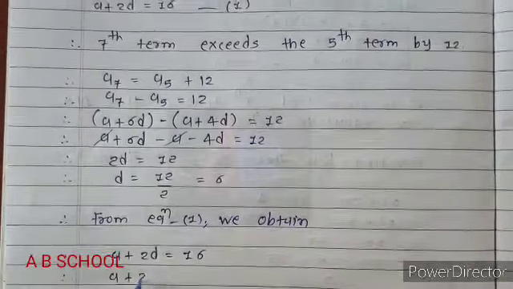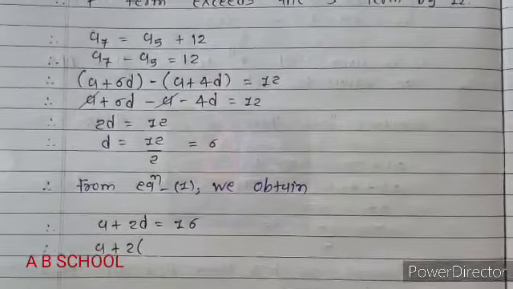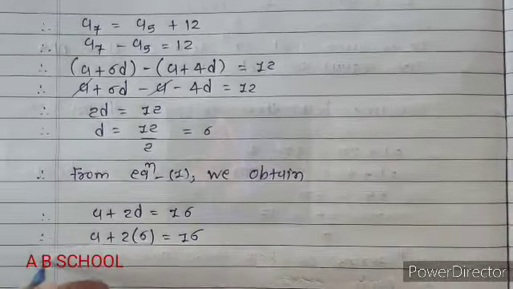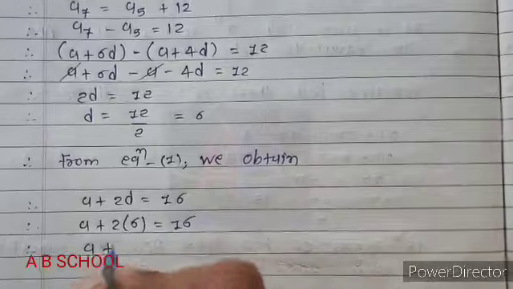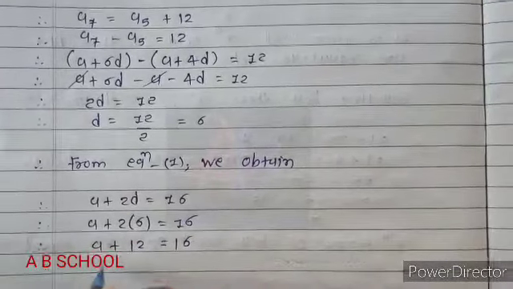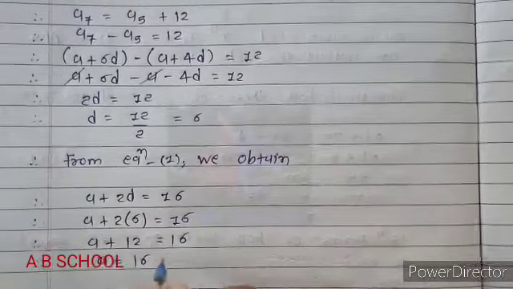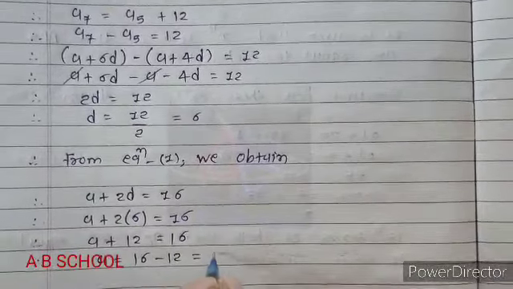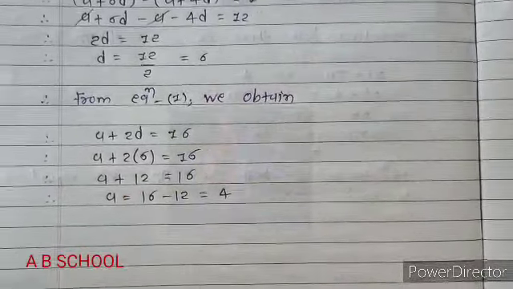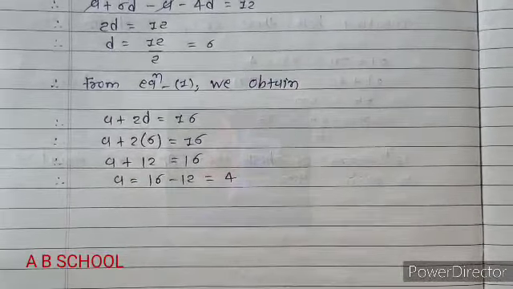A plus 2 times the common difference D, which is 6, is equal to 16. A plus 12 is equal to 16. So A is equal to 16 minus 12, which is 4. So the common difference D is 6 and the first term A is equal to 4.